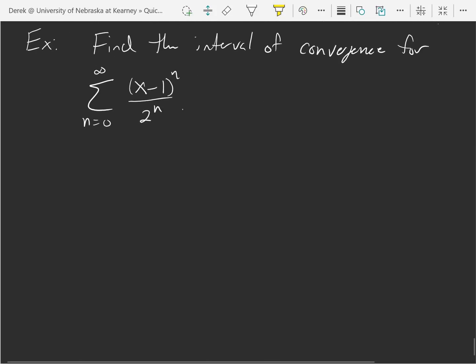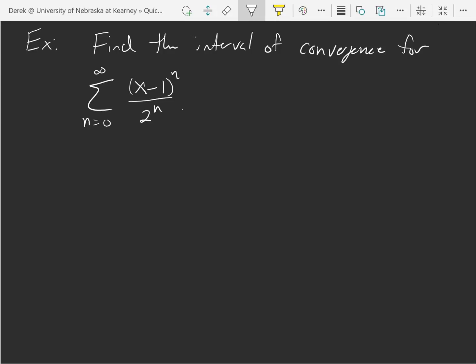We proved that theorem, but the theorem says take the root test of the coefficients. Let's just take the root test on this series with x being a variable and see what has to be true about x.